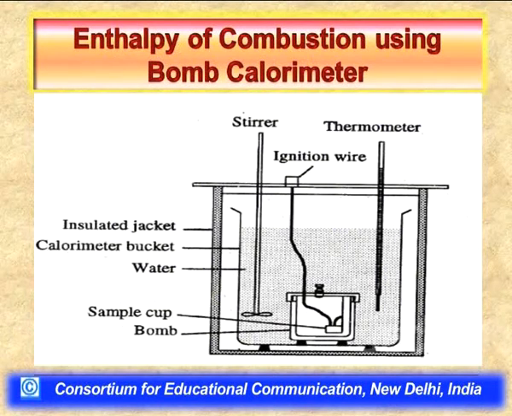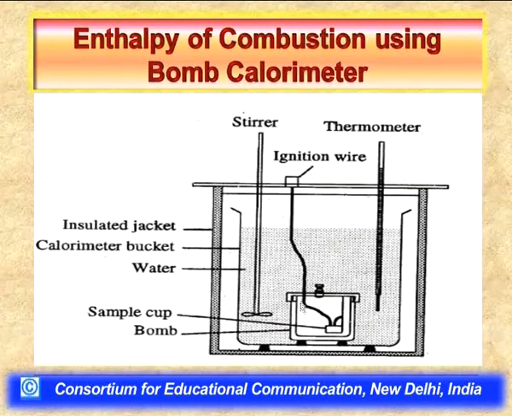For this we need a bomb calorimeter, which is nothing but a vessel which is evacuated and closed, where in a very small pot we have our reactant chemical species, and a spark plug is provided. A spark is produced, because of which the combustion occurs in the presence of a desired amount of oxygen, and heat is released.